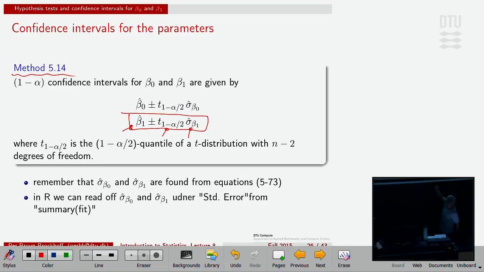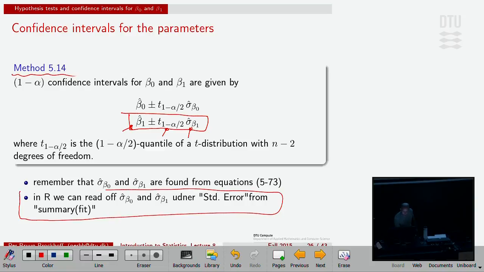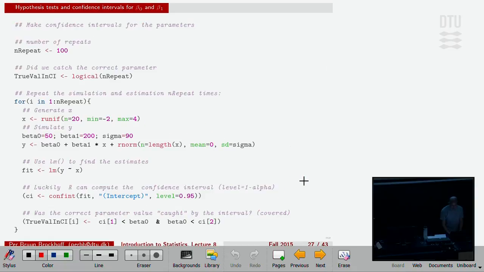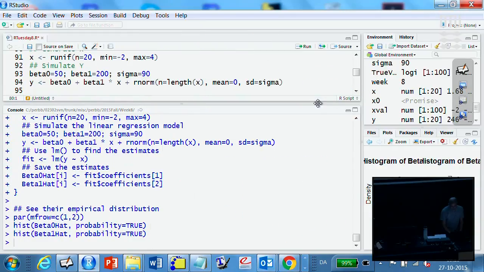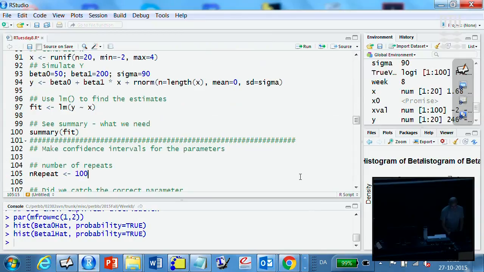Now, the right standard error has a name, and it could be computed by the formula that I gave you, or it can be read off in R, as we've already seen. So we use those formulas, or we can read them off in R. This is where I'm going to jump to R and rather have a look at the result than the simulation illustration I was bringing on my slides.